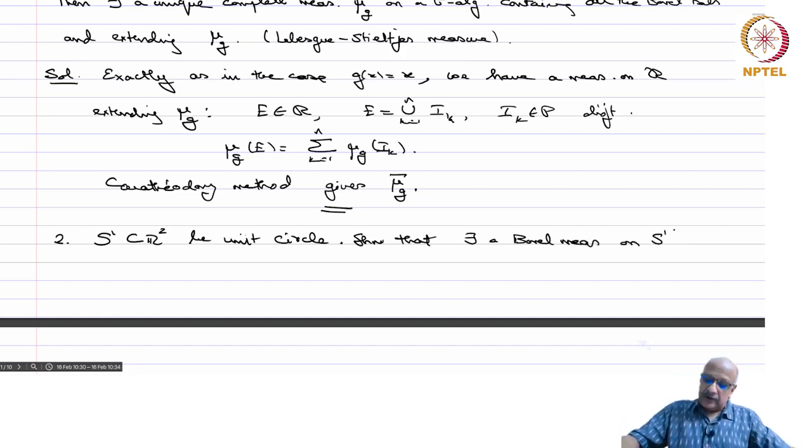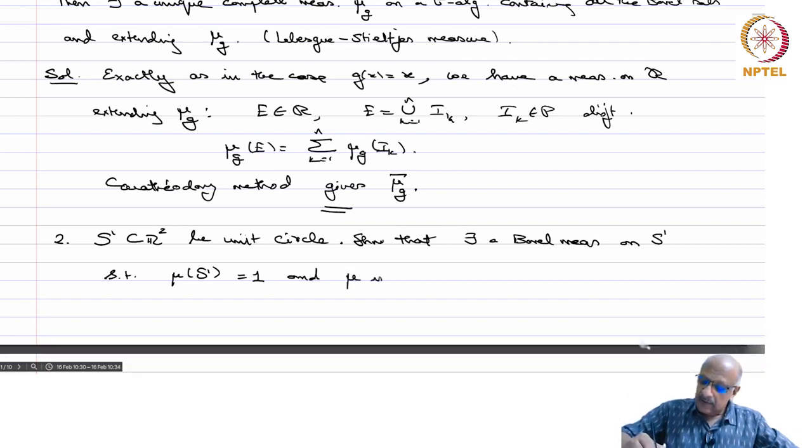S1 is a topological space because it inherits the topology of R2, and therefore you have open sets, and the sigma algebra generated by those open sets are called the Borel sets in S1. So there exists a Borel measure on S1 such that mu of S1 equals 1 and mu is invariant under rotations.